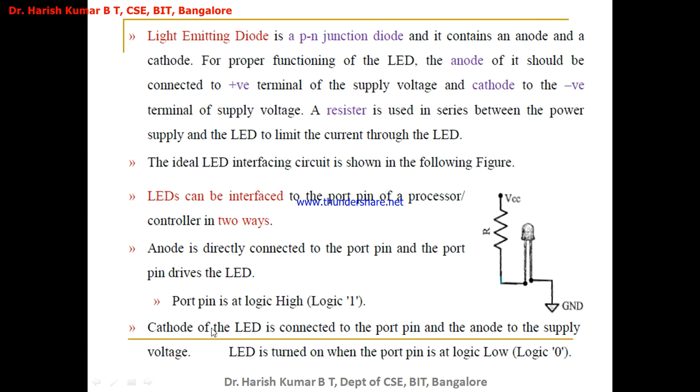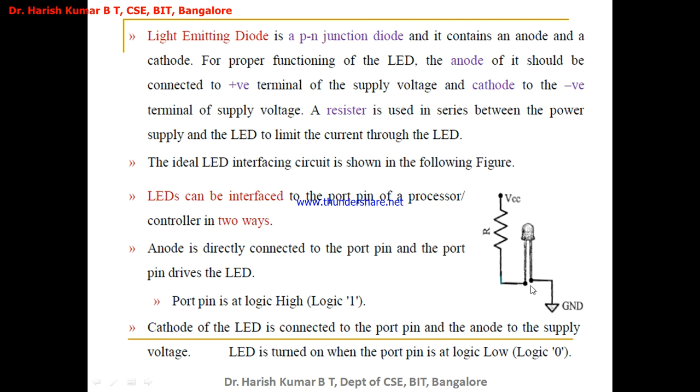And similarly, now if the cathode of the LED is connected to the port pin, instead of the anode, if we are connecting the cathode directly to the port pin, and the anode is connected to the voltage, then the LED is turned on when the port pin logic is 0.